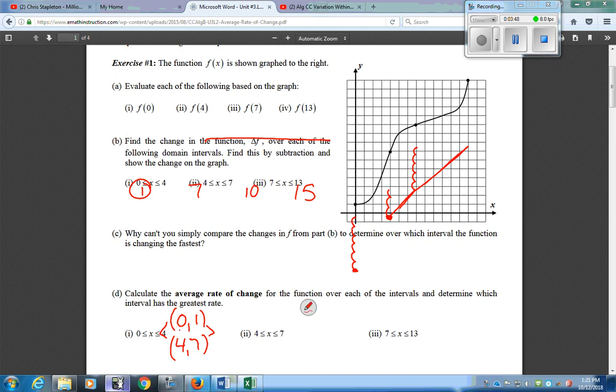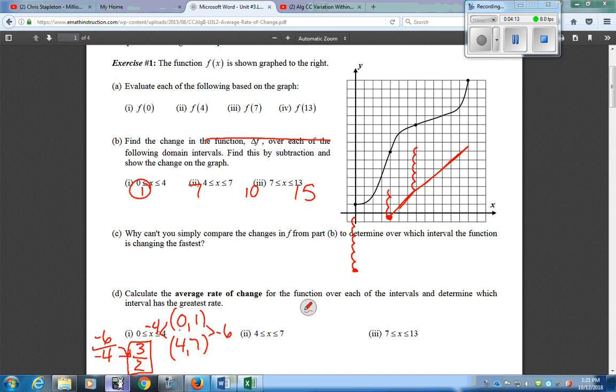So 0 minus 4 would be negative 4. 1 minus 7 would be negative 6. Then you take the y value, negative 6, and divide it by the x value, negative 4. If you get a decimal, you can always change it back to a fraction. This is going to end up being 3 over 2.